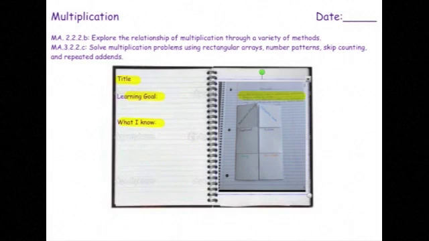So if you look at the photo template, when you open the tabs and you view it from the inside, each tab is not necessarily separated out. So what I did in my notebook, and you may choose to do this as well, is I took a ruler quickly and I divided my page directly in half.